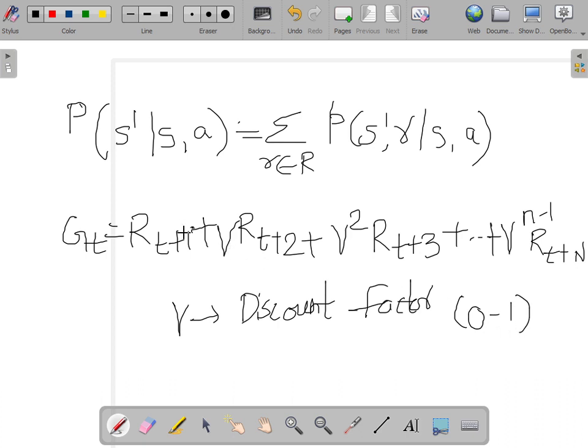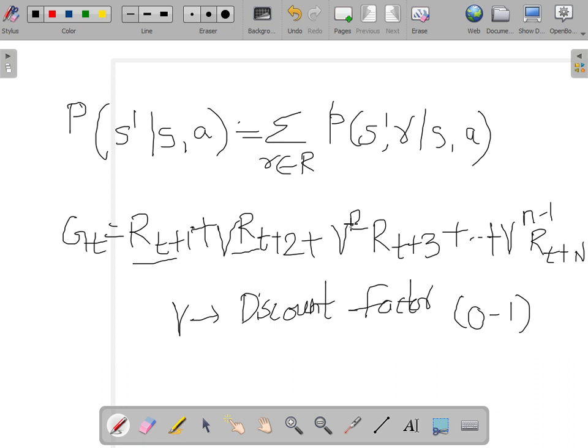So if there is no discount factor in the first step, but in the next step, for example, I take 0.5, then 0.5 into the reward value means the reward value is now reduced by half. Then again 0.5 squared, because I am taking gamma squared, so the value will be 0.25, and so on.